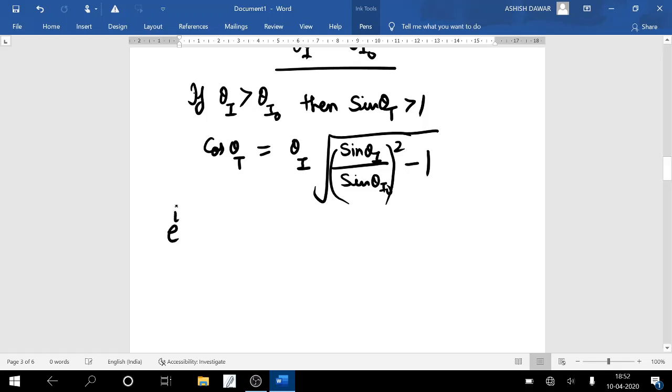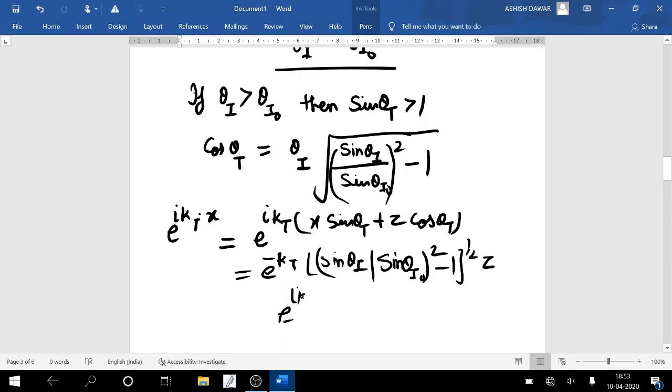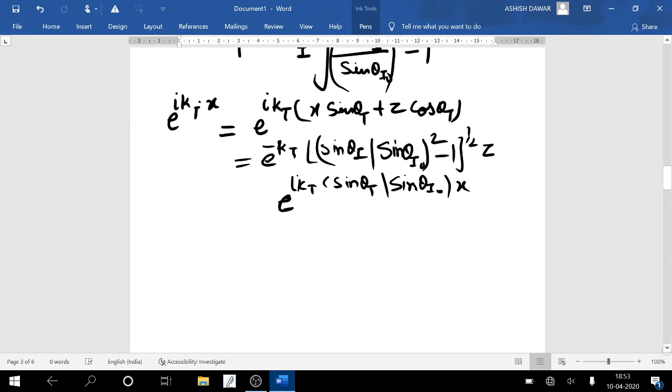So exponential iota kt dot x equals exponential iota kt (x sine theta plus z cos theta), and that is equal to exponential minus kt (sine theta I upon sine theta I naught, squared, minus 1) raised to power 1 by 2 into z, into exponential iota kt (sine theta t upon sine theta I naught) into x.